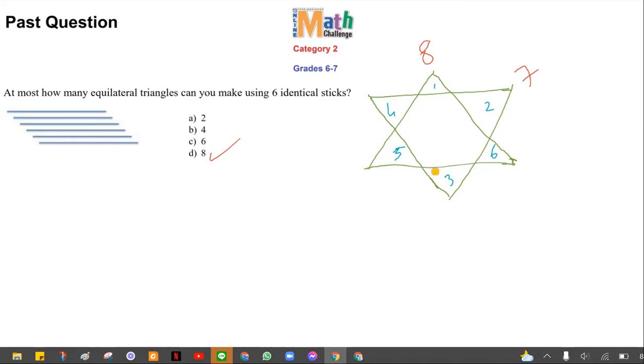I just worked on this shape, and we realize that there are 8 triangles, and 8 is the maximum, so I didn't check more. Here: 1, 2, 3, 4, 5, 6, the big one 7, and the other big one 8. As you see, we have 8 equilateral triangles we can make using 6 identical sticks. So the answer is 8.